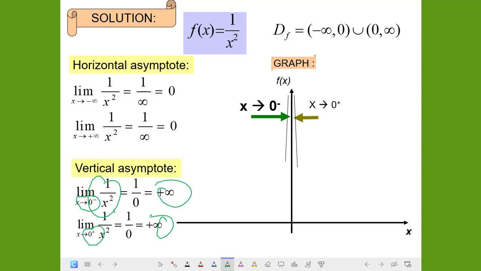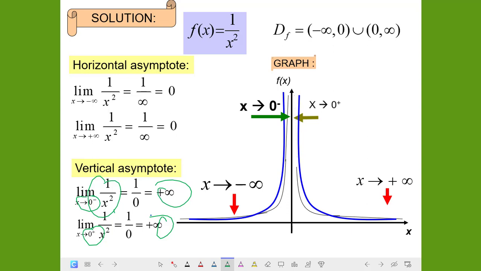For the horizontal asymptote, when x tends to positive infinity and negative infinity, the graph is like this. Join the lines and you get the graph.